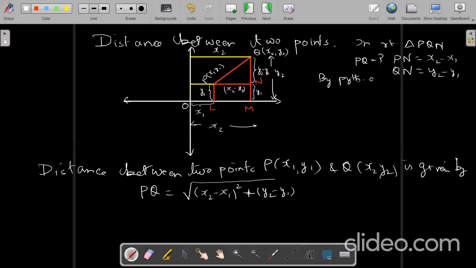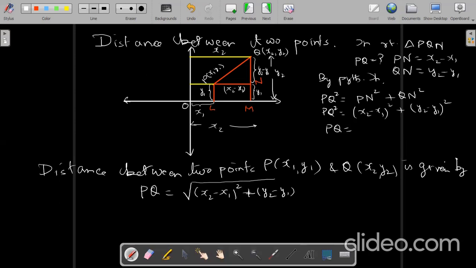This is the right angle, so we can use the Pythagoras theorem. By Pythagoras theorem, hypotenuse square, PQ square, is equal to base square PN square plus QN square. So PQ square will be equal to x2 minus x1 whole square plus y2 minus y1 whole square, and the square root will come on the right hand side.